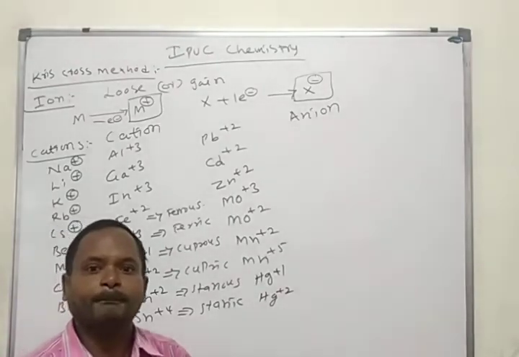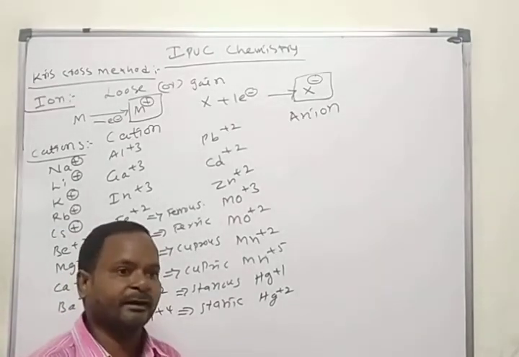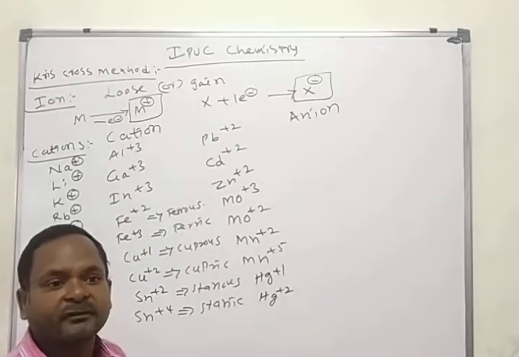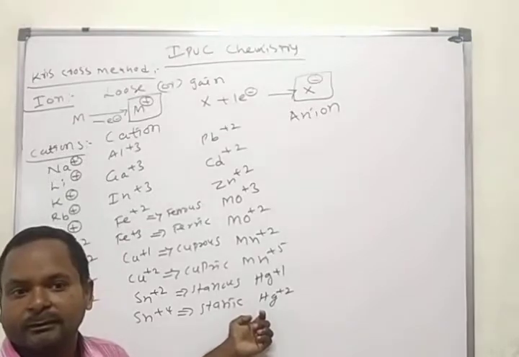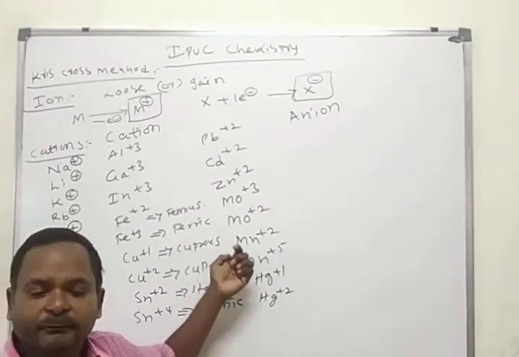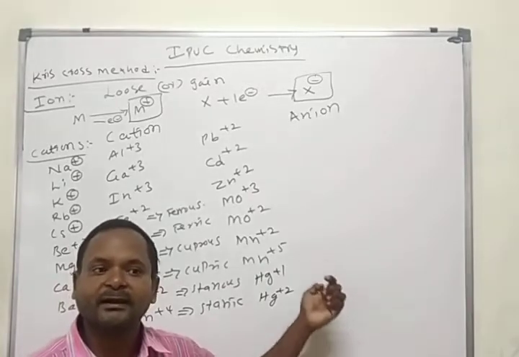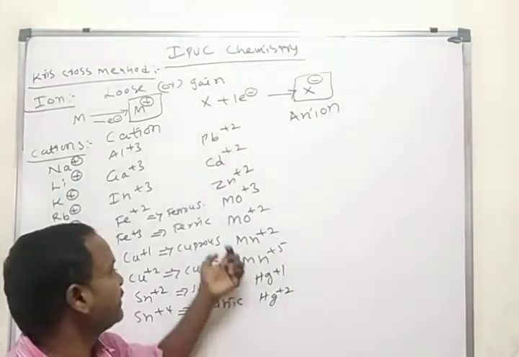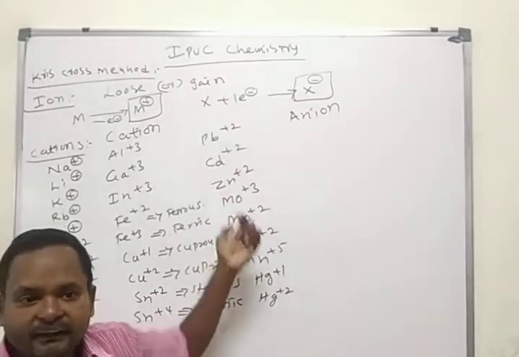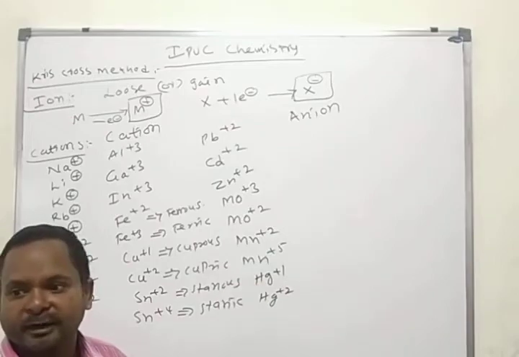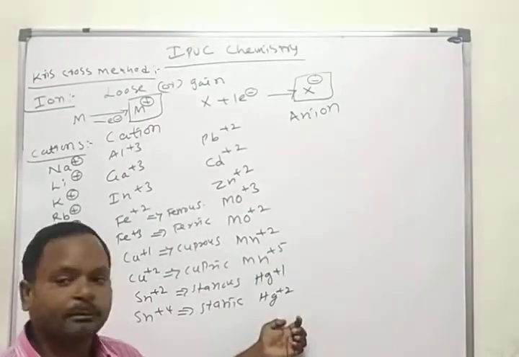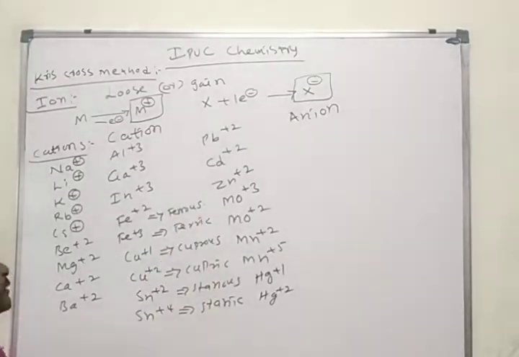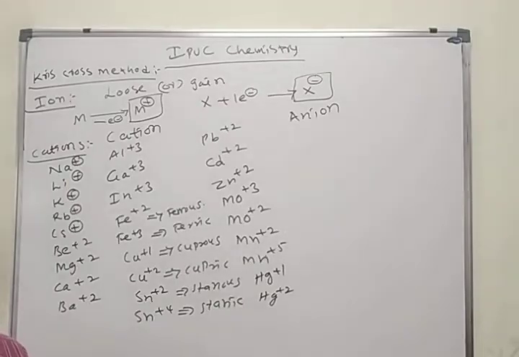After that, the next oxidation state of that atom we call with ic. Fe plus 2 is the first oxidation state, so ous; Fe plus 3 is the next, so ic. Ferrous, ferric, cuprous, cupric, stannous, stannic, mercurous, mercuric, manganous, manganic. All these are some of the important cations.